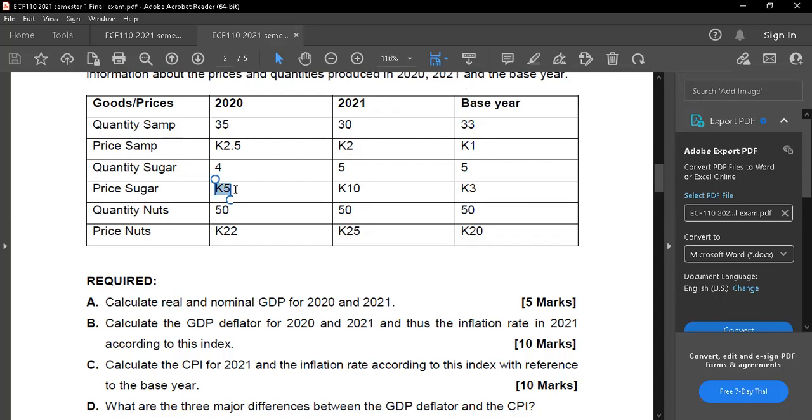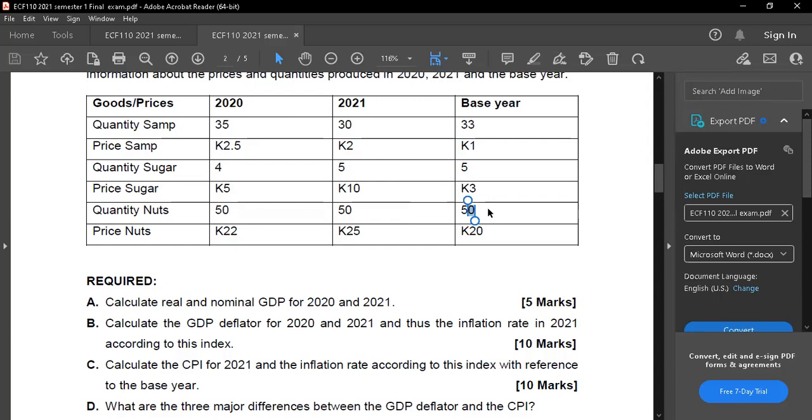It's 5, times the quantity in the base year of sugar, which is 5. So you do 5 times 5. Then for nuts, you get the price in 2020. The price is 22. Quantity in the base year is 50. So we'll say 22 times 50. That is the cost of the basket in 2020.